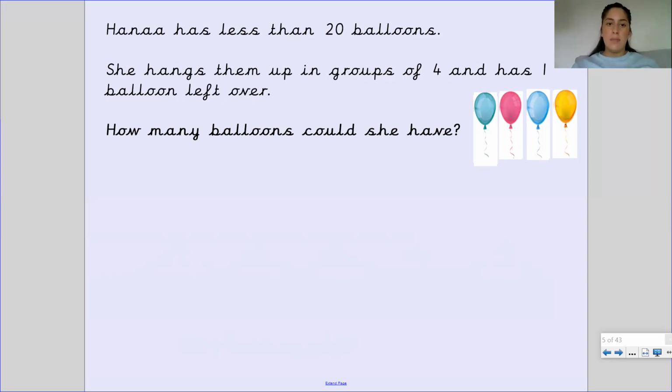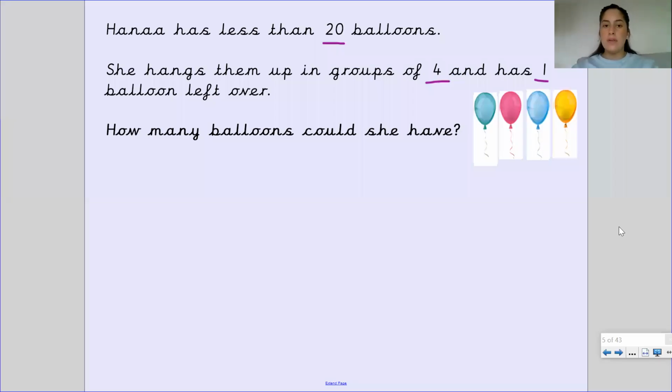But you need to remember that Hannah has less than 20 balloons. So whatever number you come up with, it has to be less than 20, and it has to have 1 balloon left over, and they have to be in groups of 4. So pause the video and have a go at solving this problem and play the video when you're ready.